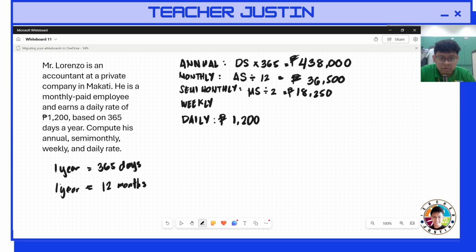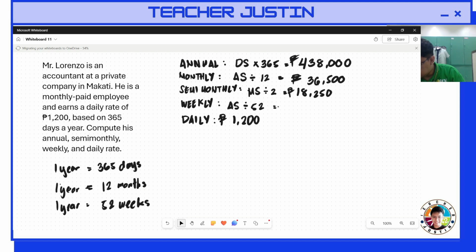For our weekly rate, we have to divide our annual salary by 52 because again 1 year is equivalent to 52 weeks. So let's divide. 438,000 divided by 52.